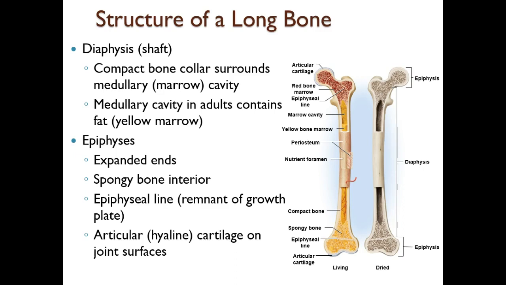periosteum versus endosteum. That's another thing. The periosteum is just a membrane that covers the outside of the bone. And then you have the endosteum, which lines the marrow cavity. Okay, there's another slide coming up, I believe, that will show you that in a little bit more detail.